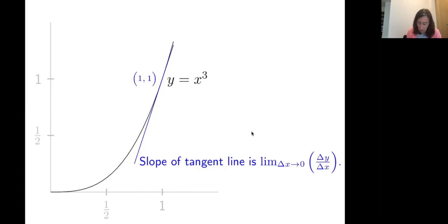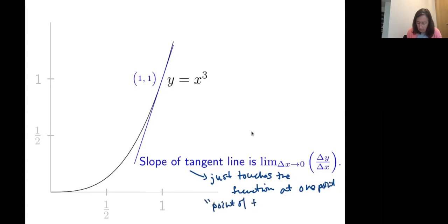What makes it a tangent line is it just touches the function at 1 point. We would call that the point of tangency.